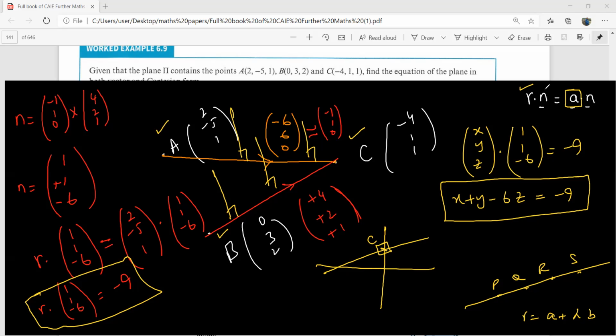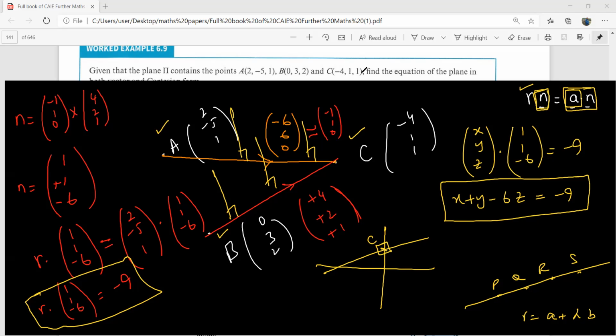So n is going to determine the direction of the plane, and this a dot n would tell you how far away that plane is from the origin. There would be one more thing added to that, but I want you people to go a bit slow. First you learn how to write the equation of the plane, and then we'll come to the debate of why is this and why is that.